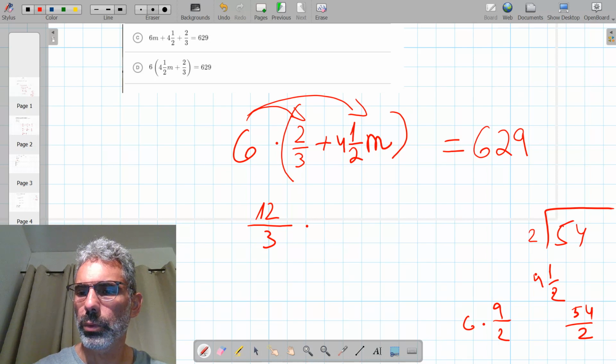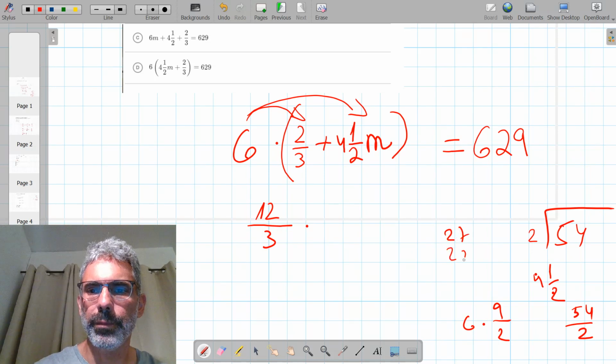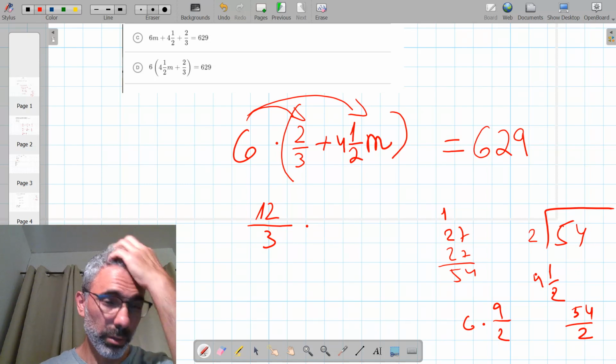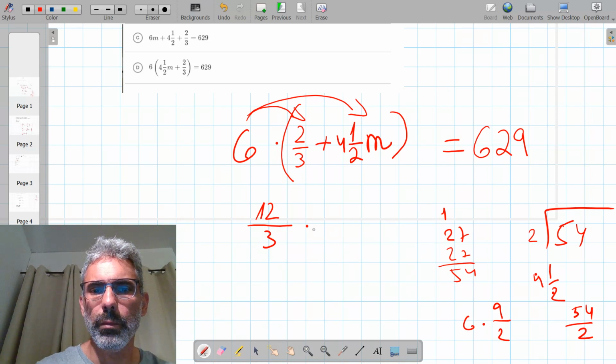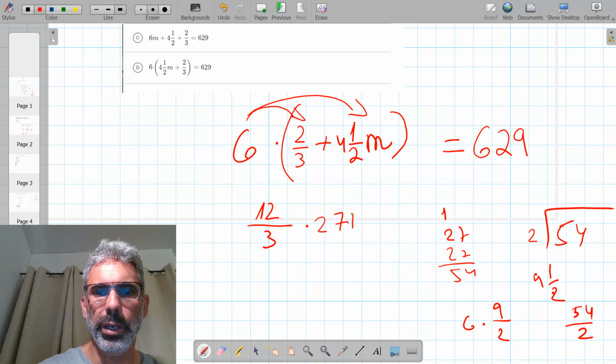So 12/3 times 27m has to be equal to 629 grams.